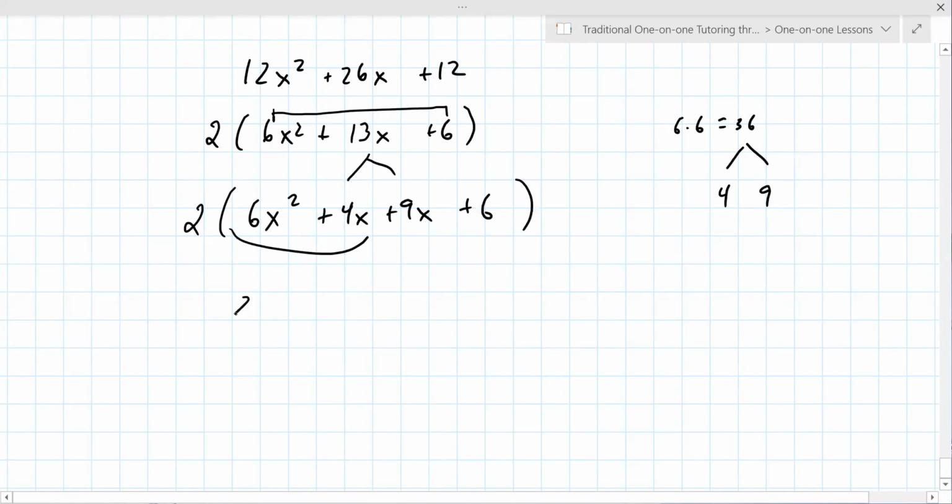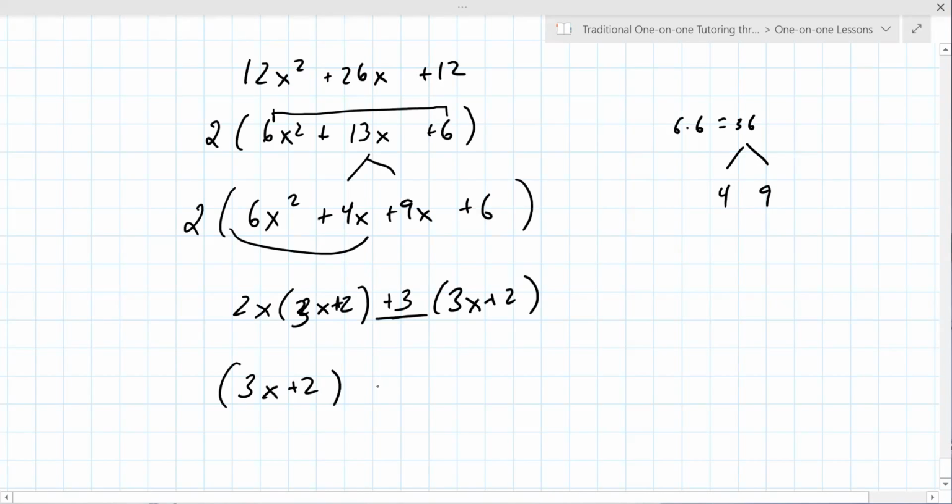So you gotta figure out, okay, what goes into both those? It's 2x. That becomes 3x plus 2. And then you immediately write that over here, 3x plus 2. You got to figure out what goes here. And you're like, oh, a 3. So this becomes 3x plus 2 times 2x plus 3.